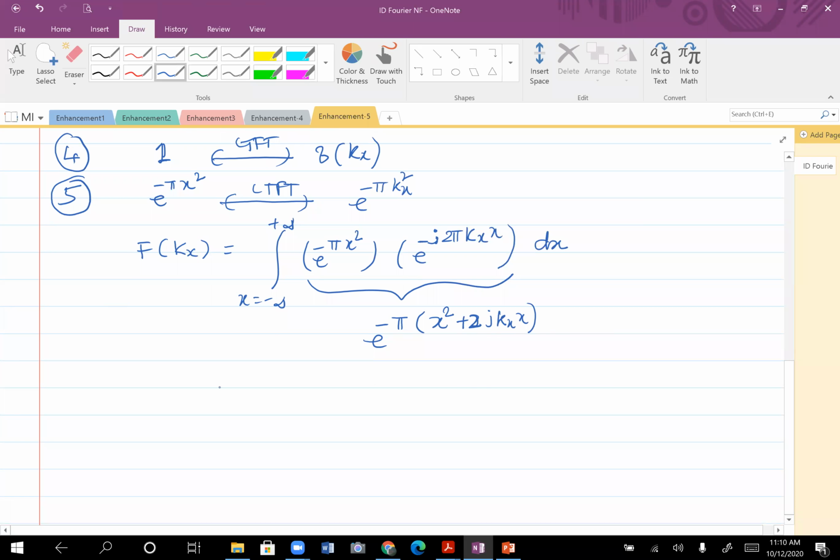So can I now write this as x varying from minus infinity to plus infinity, e power minus pi of, so this you want to write as just a square term and subtract the other term kx, because that is something I could take out since the integrand here is with respect to x.